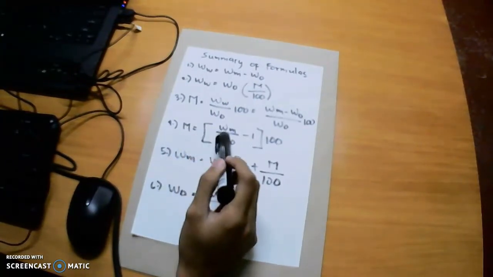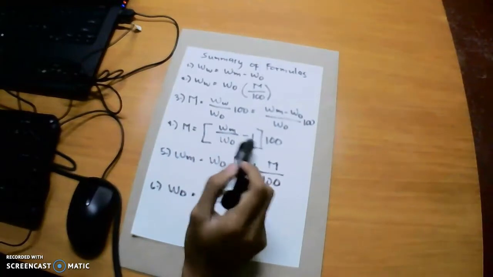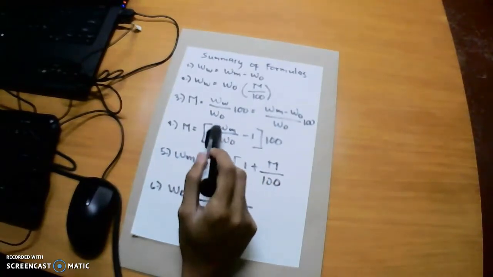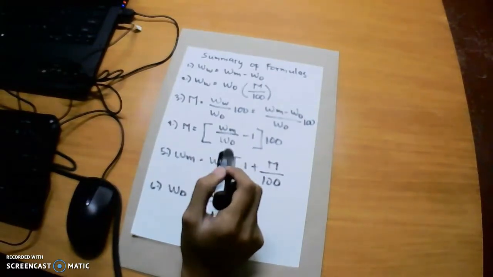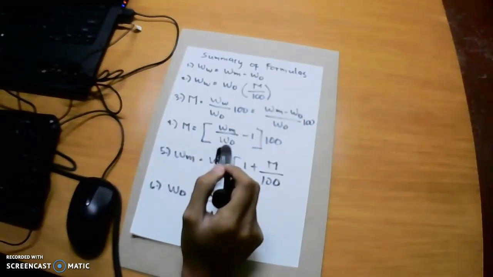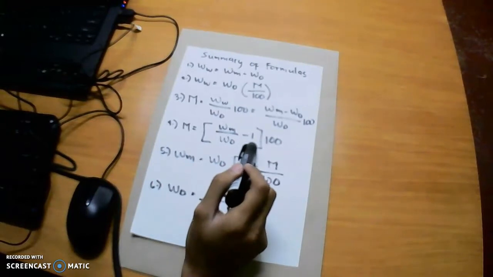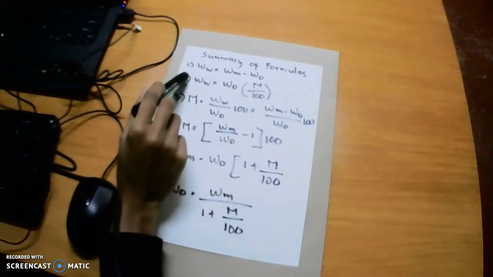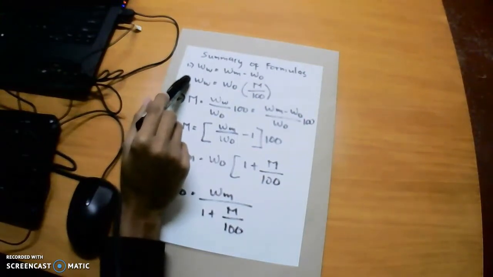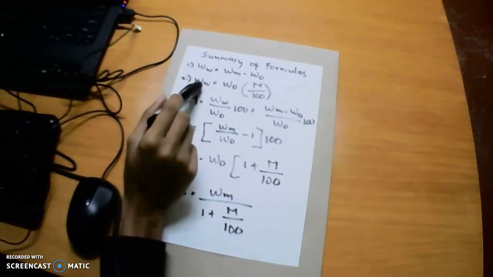M is equal to the quantity weight at particular moisture content over oven dry weight, minus 1, times 100.